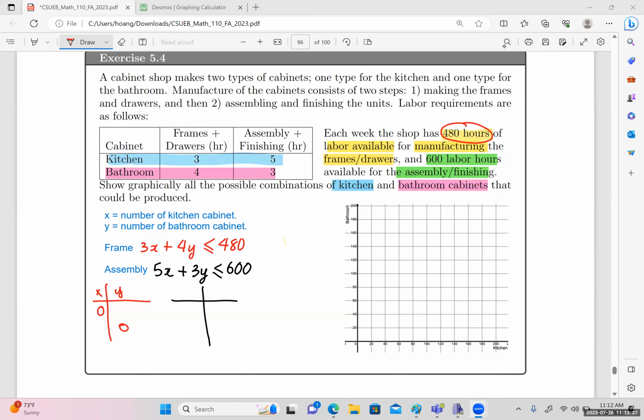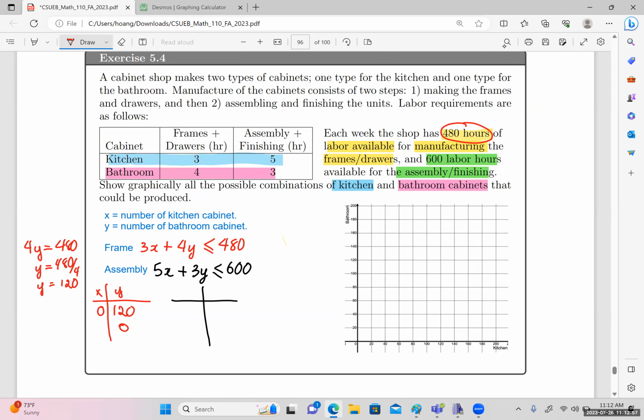Okay, for the red one, if I choose x equal 0, I'm gonna have 4y equal to 480, right? And I make y equal to 480 divided by 4. Y equal to 120. So this is 120.